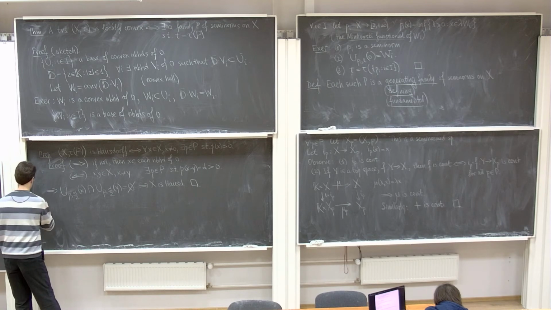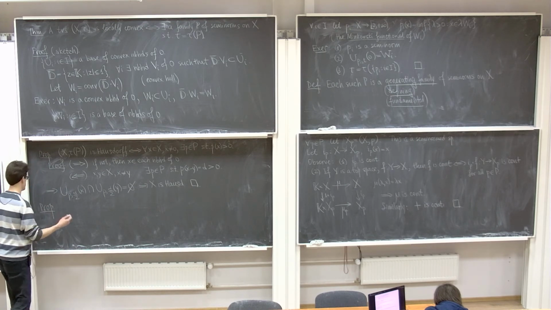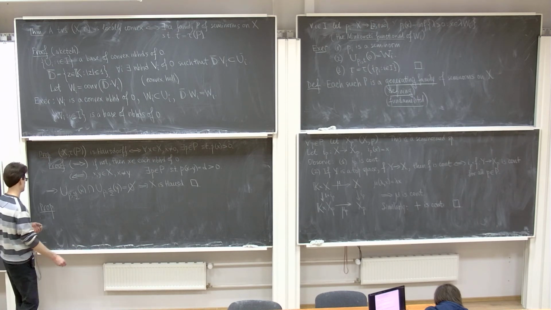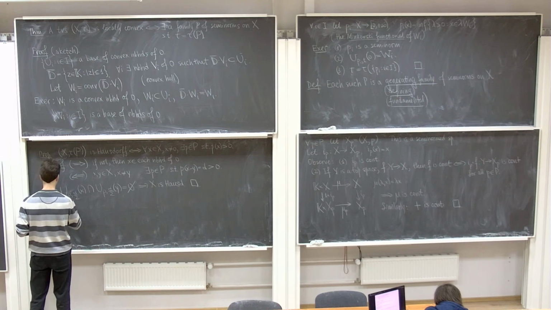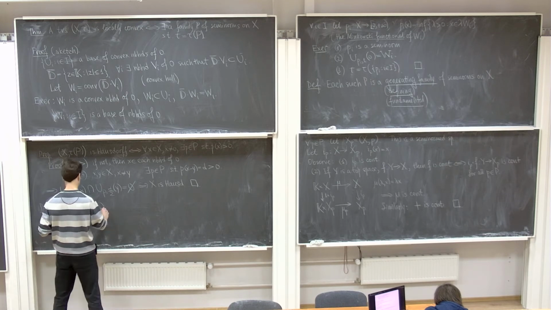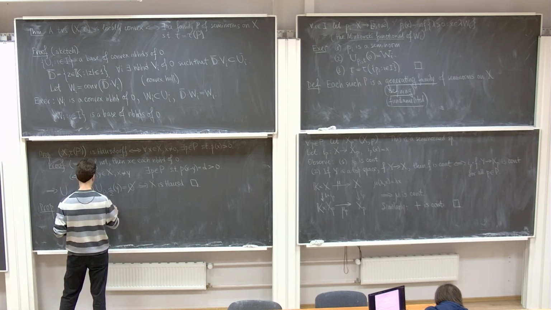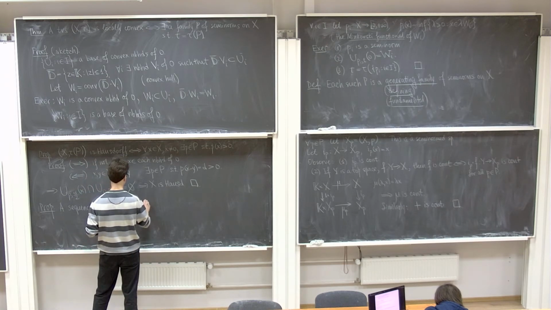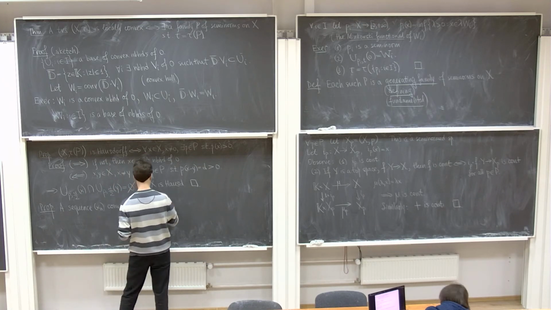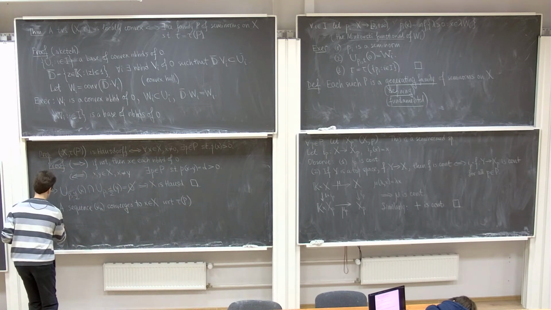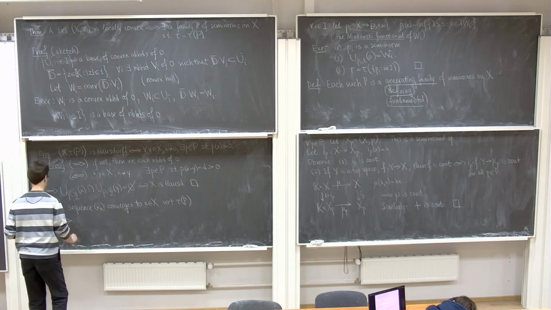Another illustration of the same principle, I mean the principle that many topological properties of locally convex spaces are easily described in the language of seminorms. So suppose that we have a sequence xn, then it converges to a point x with respect to the topology generated by P if and only if it converges with respect to each seminorm from this family.